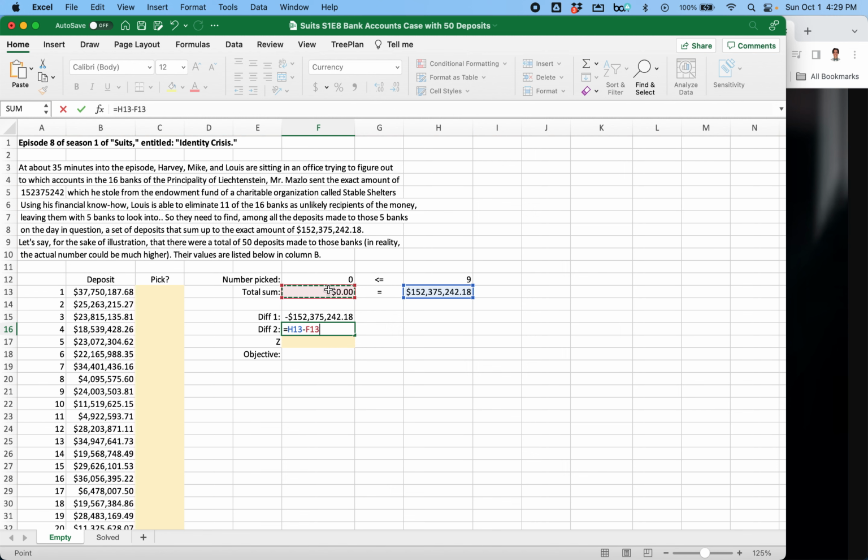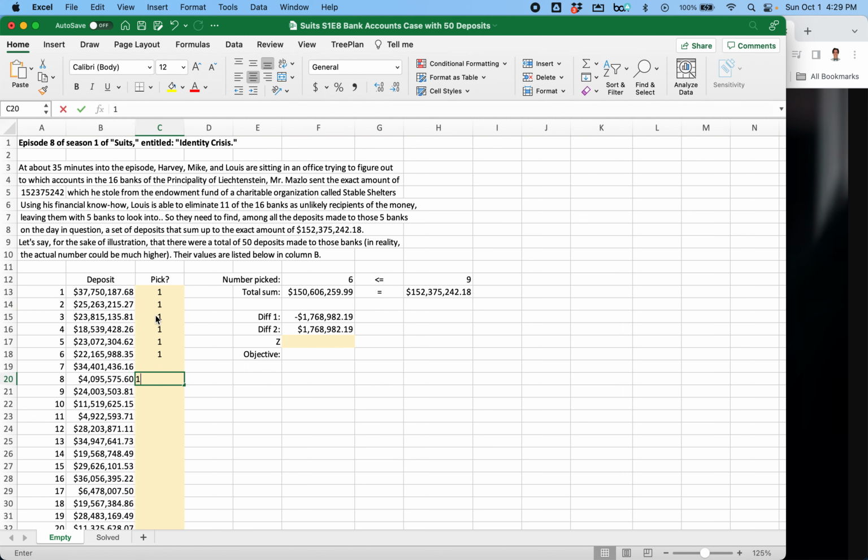Okay? Notice that at any point in time, this difference is either going to be positive or negative, right? If what I picked is too much, I overshot, one of them is going to be positive because it's going to be the larger minus the smaller.